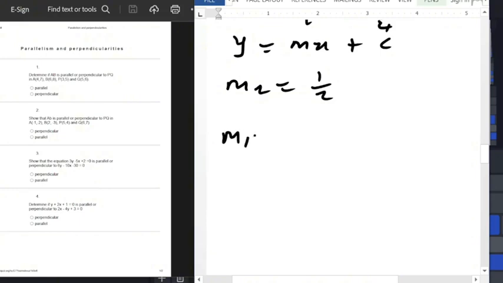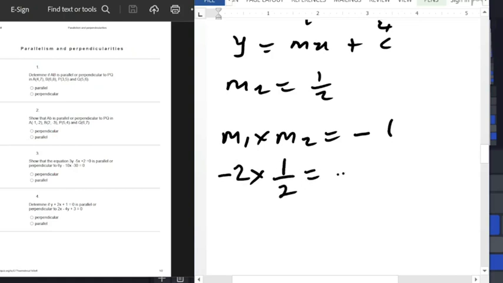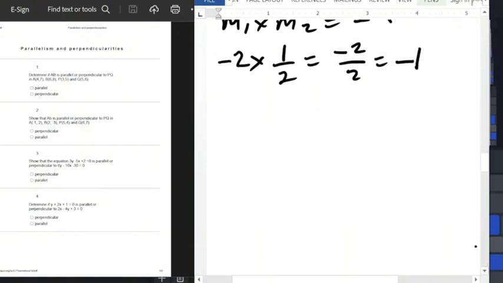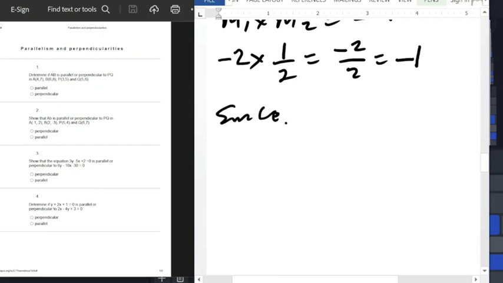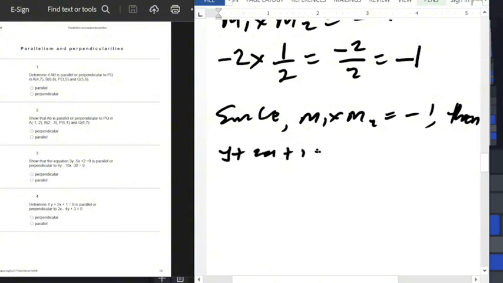So m1 multiplied by m2 must equal minus 1. So m1 is minus 2 multiplied by m2, 1 over 2, which is equal to minus 2 over 2, and minus 2 over 2 is minus 1. So you can now say that since m1 times m2 equals minus 1, then y plus 2x plus 1 equals 0 is perpendicular.